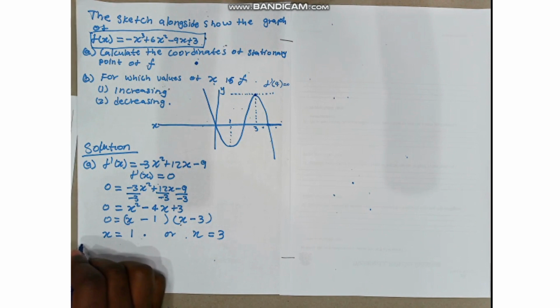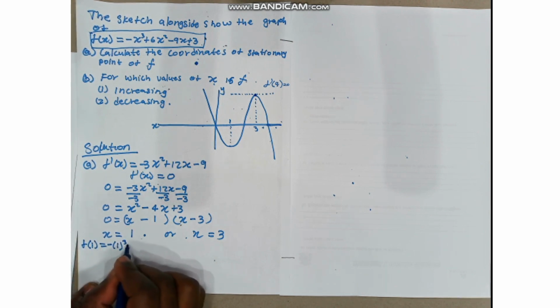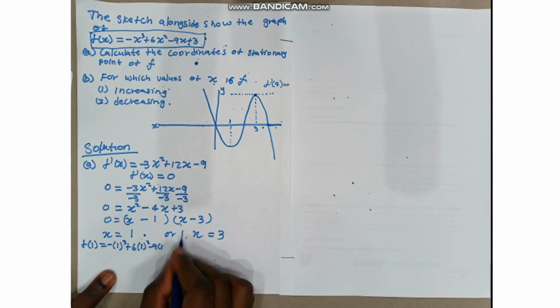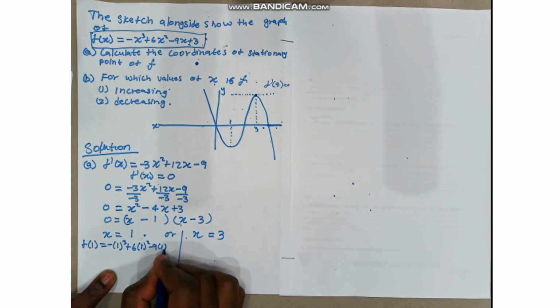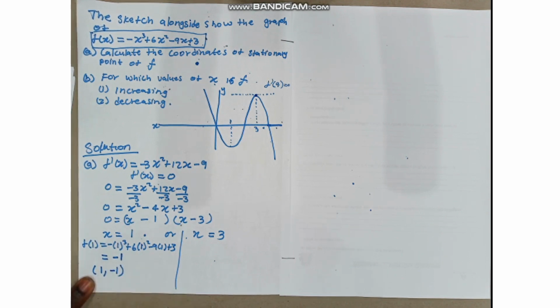So at x is equal to 1, we must find our y. It's 1 cubed plus 6 into 1 squared minus 9 into 1 plus 3, which is equal to negative 1. So our point here is 1 maps to negative 1.